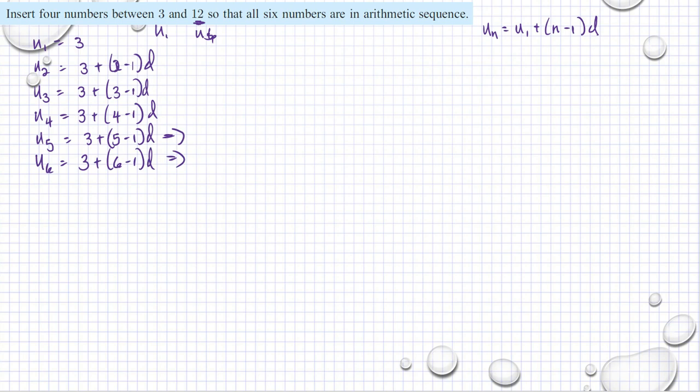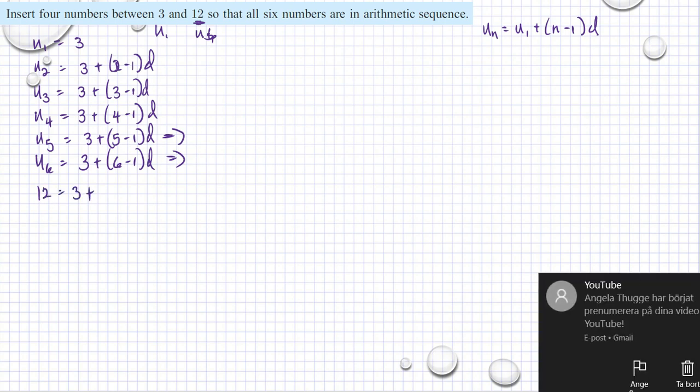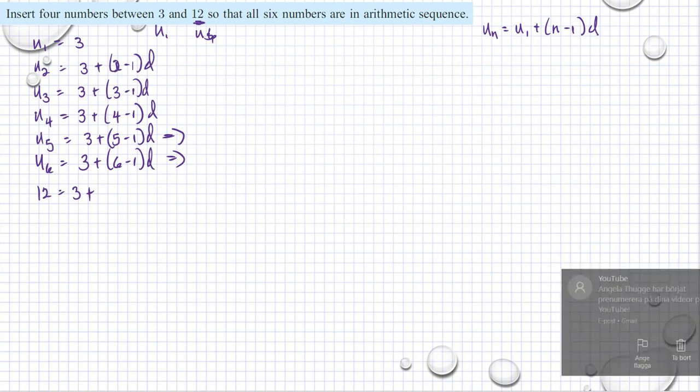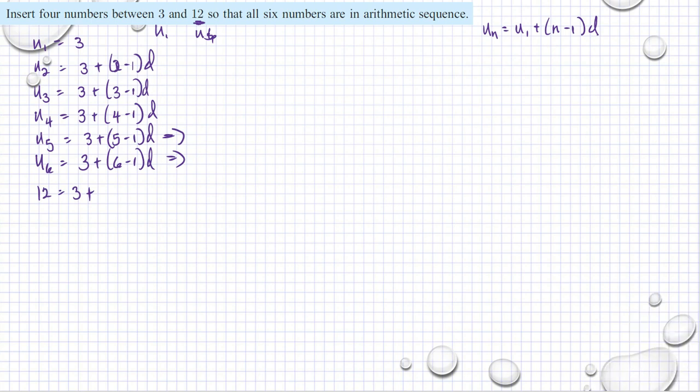Then we have u sub 6, 12 is equal to 3 plus 5d. And then minus 3, we have 9 is equal to 5d. Divide both sides of the equation by 5.